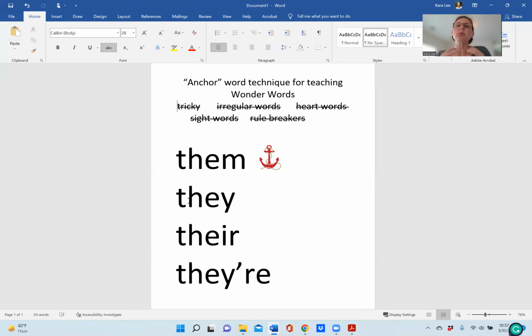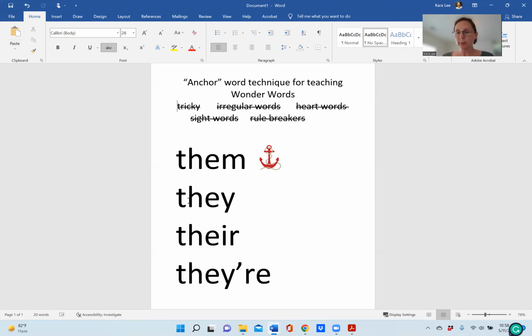Written English wants to help us as readers understand and see connections between meaningful words. So when we present this group of words right here, we might start with the word them. And if we're taking an approach that talks about meaning, then we want to make sure students understand what that word them means.